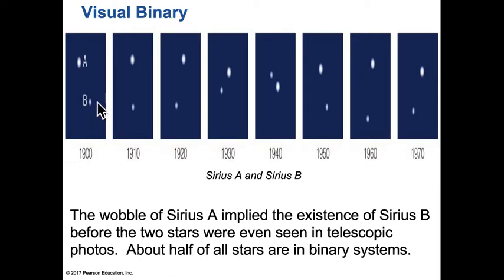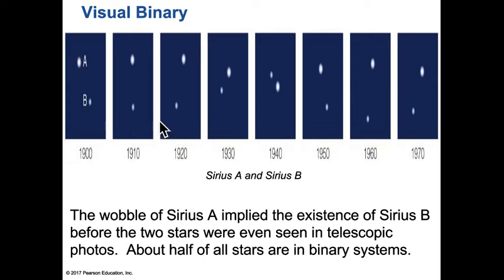And looking up at, say, Sirius A and noticing that it wobbles, even without seeing Sirius B, you can infer that it must have a partner. And here you see that the period of the dance between the two stars is 50 years.